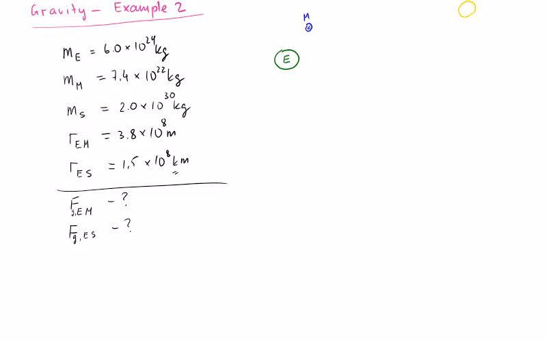I want you to understand my drawing is not to scale. We have the distance between the Earth and the sun, and here is the distance between our Earth and the moon.